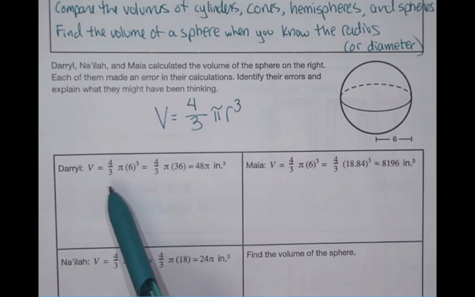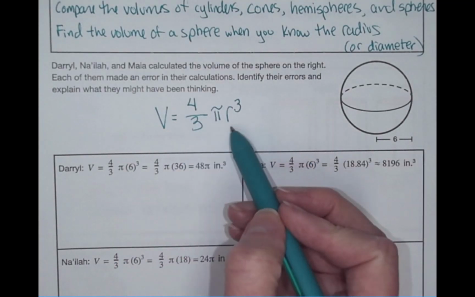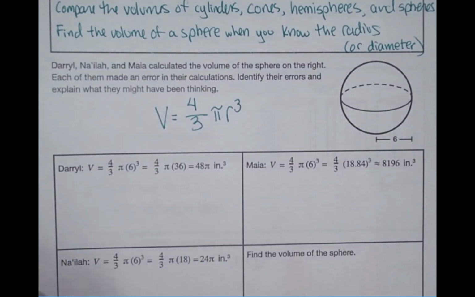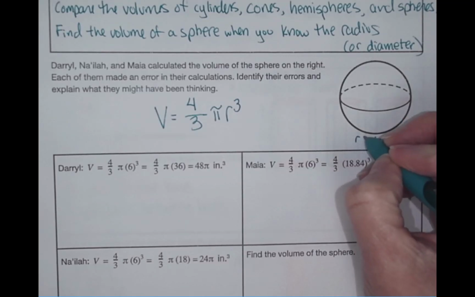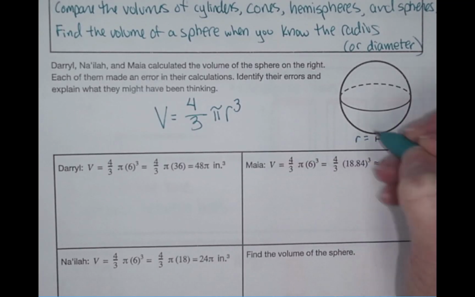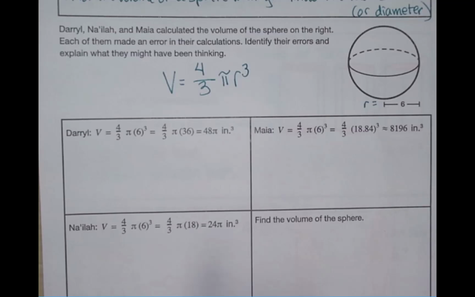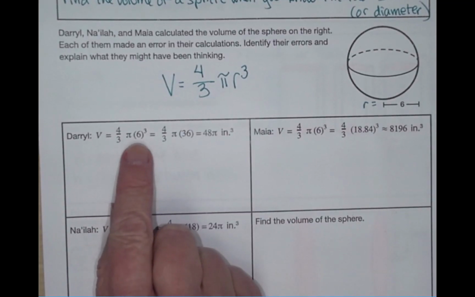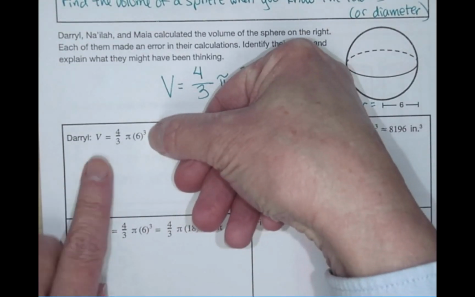So let's go ahead and see what people might have done. The only information you really need to find the volume is the radius. And I can see that the radius is 6 for this sphere. So all three of these people did a fine job of plugging 6 in, but all three of them did something wrong. So let's start with Daryl.